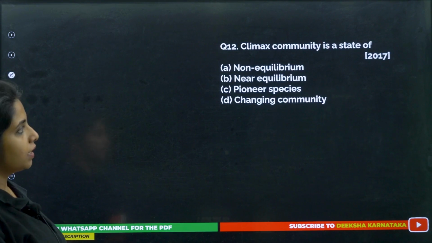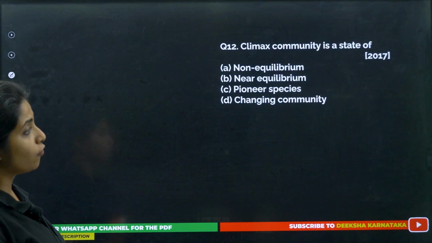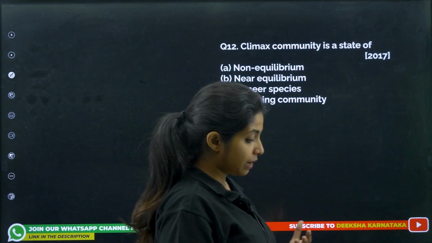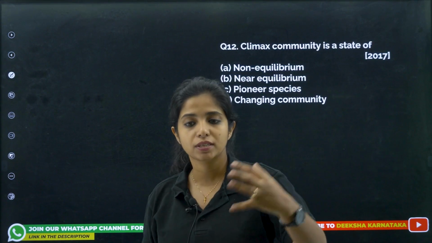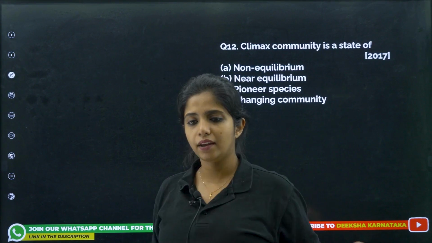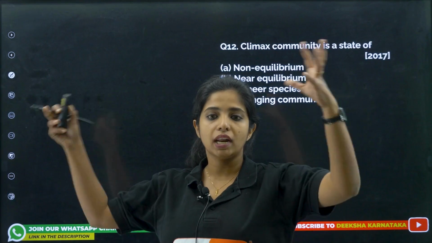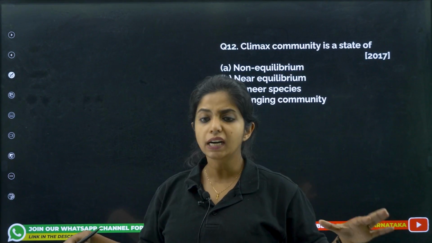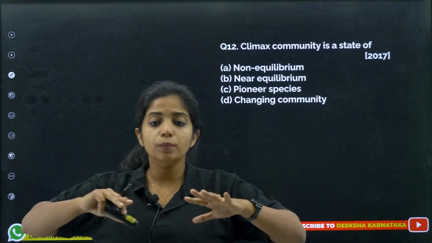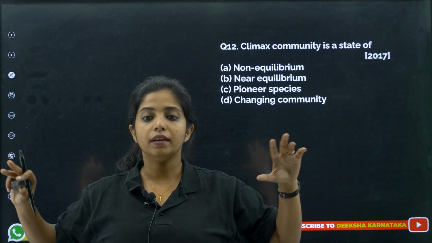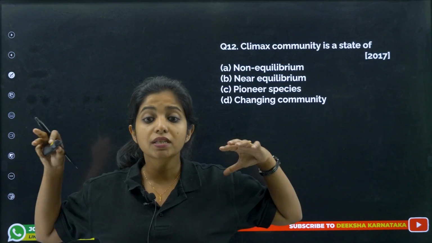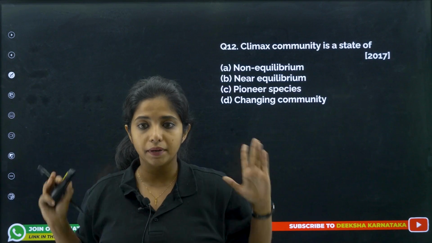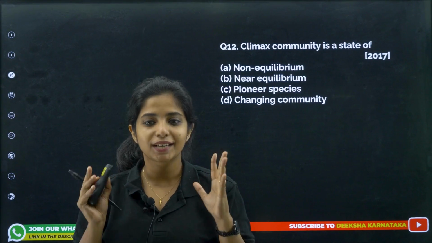Okay, chalo. 12th. Climax community is a state of what? So what is climax community? I told you pioneer species comes in a bare area, makes some changes so that other organisms can also come in, and then it goes on, my dear children, until a last stage of community is built which is stable with the environment, which is in equilibrium with the environment. This is known as climax community.